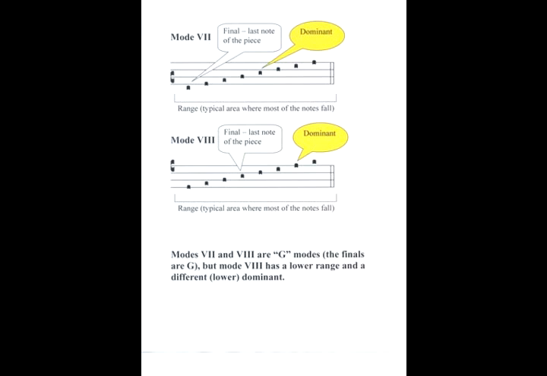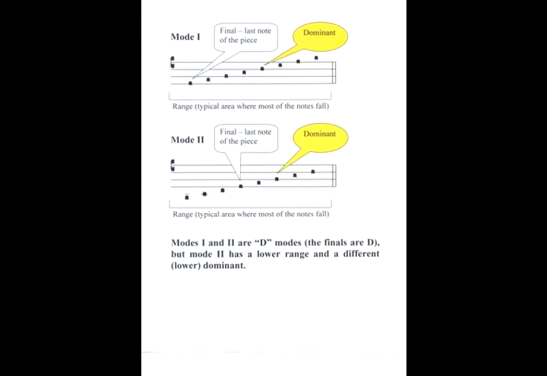For the even-numbered modes, the dominant is generally a third below the dominant of the odd-numbered modes with the same final. So for mode 2, the dominant is F, that is a third below A, the dominant of mode 1.